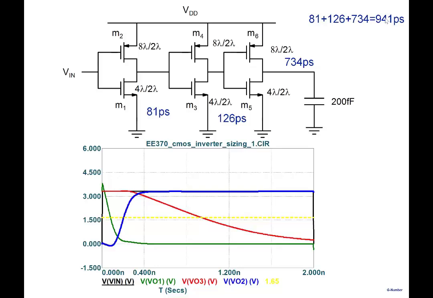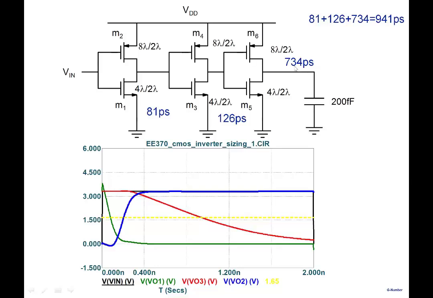Now, do we realize why the delays are in this particular manner? Why is the delay so high? This is sort of obvious, because the drive capability of this inverter is the same size, while the capacitive load is very high, 200 femtofarad.